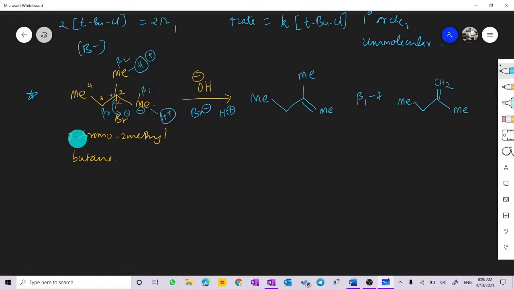Now if you number these compounds 1, 2, 3, 4, this is 2-methylbutene, and this is also 2-methylbutene. So if you remove the proton from the beta 1 and beta 2 position, it gives you the same product. So we write it only once, and we don't have to bother about that. Beta 1 and beta 2 give you the same product.